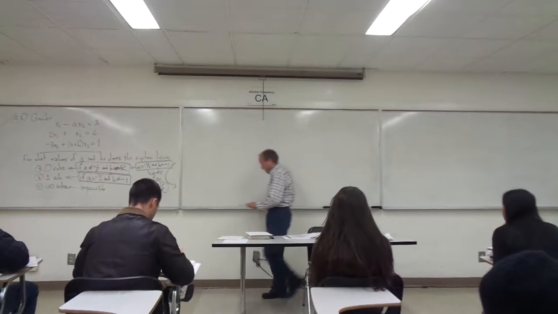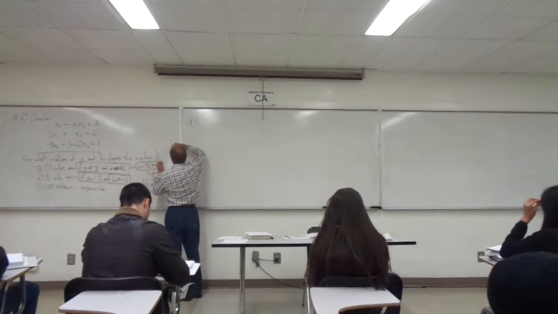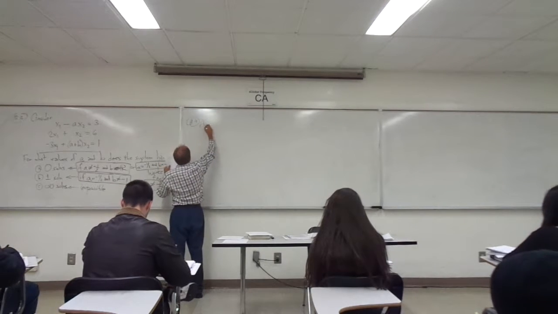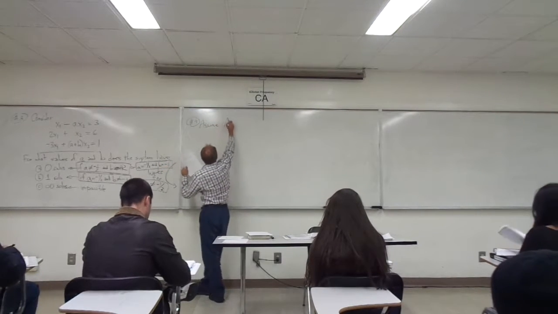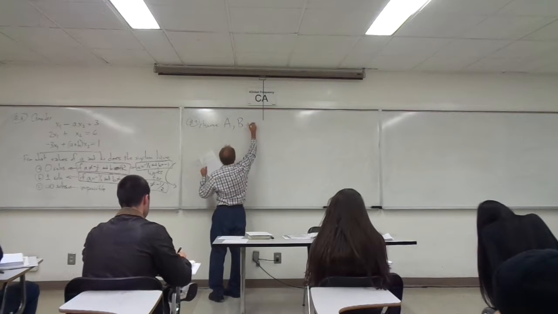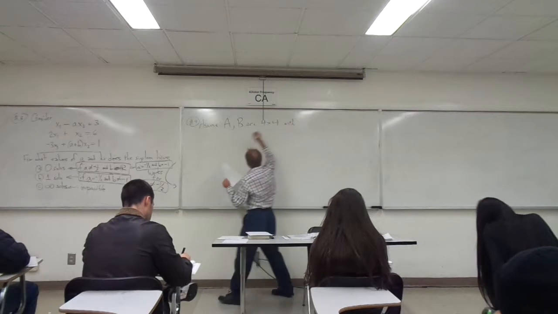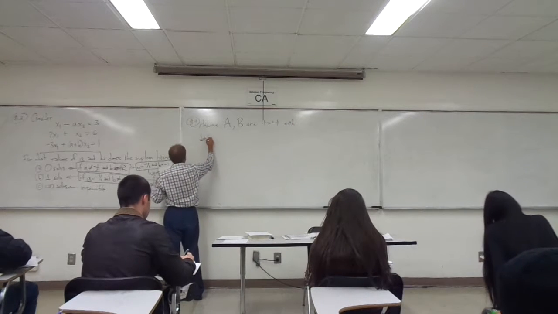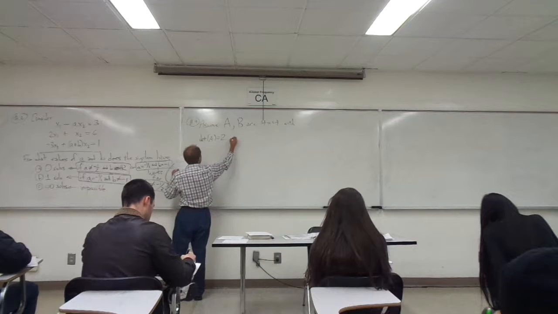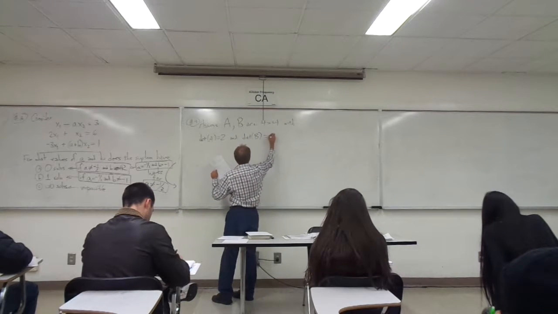Okay, so number 4. Let's assume that A and B are 4 by 4 with the determinant of A equal to 2 and the determinant of B equal to 3.